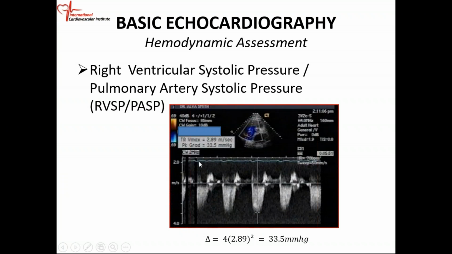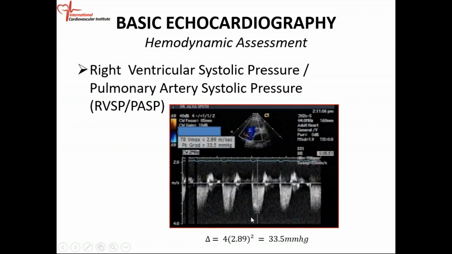Remember, systole is from the onset of the QRS to the end of the T wave. So you get this systolic flow. And you can get a velocity. Remember, on the horizontal axis you have time, and on the vertical axis you have velocity.